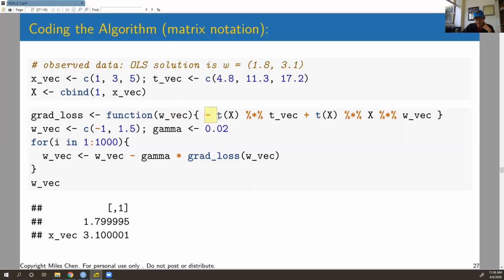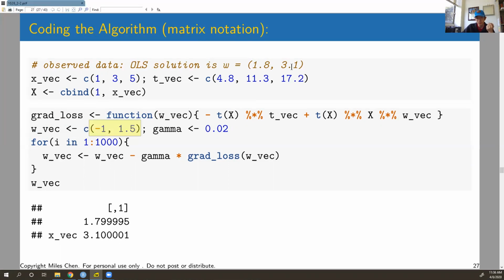So this is what I have: negative x transpose times t plus x transpose times x times w. That's the gradient for some vector w, okay? So I'm going to start off with some vector w, arbitrary location. I'm going to start off with an intercept of -1 and a slope of 1.5, okay?